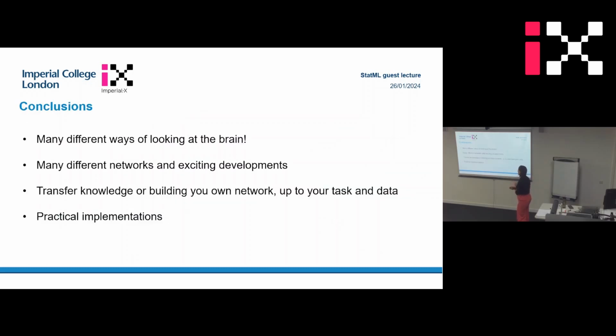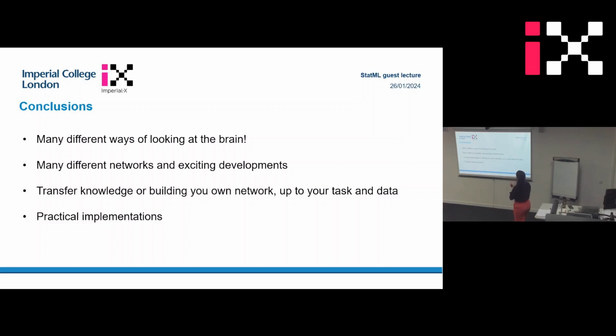Also, those were the conclusions. Basically, we saw that there were many different ways in which you can look at the brain, like different scales, and they are all important, and they all do their part in helping us understand. There are many different networks and exciting developments happening literally every day. Many of the papers of the applications I showed were from a few years back, like 2-3 years, but actually there are so many out there.